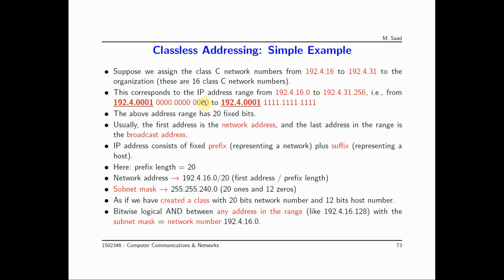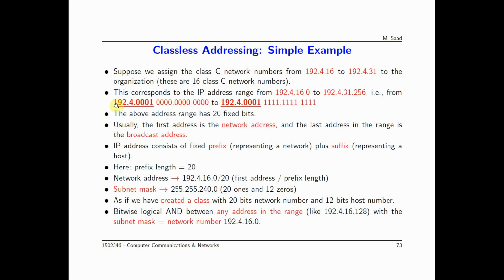The addresses in the middle are the actual addresses that we can allocate to the actual machines or hosts in our network. So the first address in the range represents the network address, and the last address represents the broadcast address.